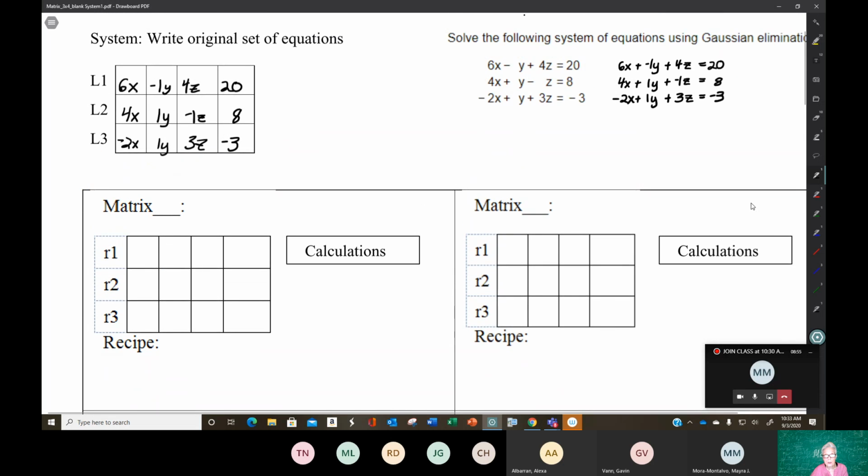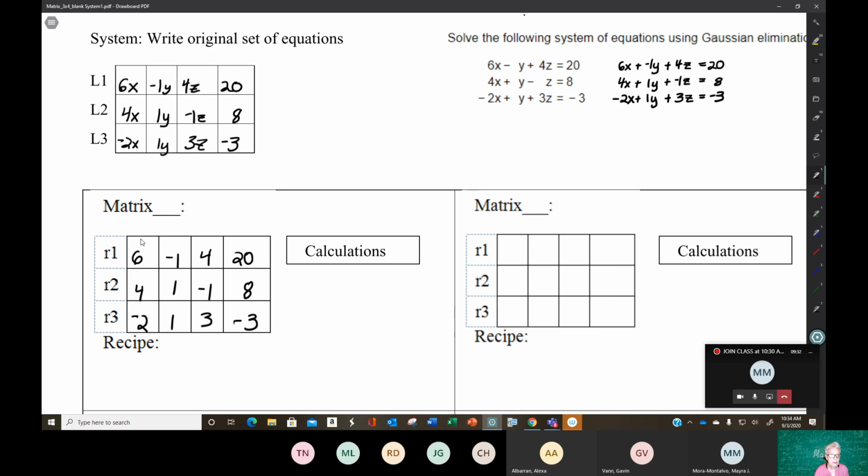Now, just like yesterday, we're going to make a matrix out of the coefficients. So I'll have 6, 4, negative 2, and negative 1, 1, 1, and 4, negative 1, 3, and 20, and 8, and negative 3.